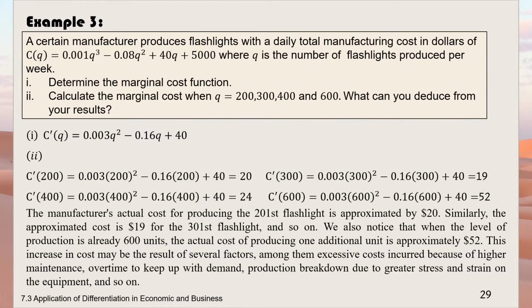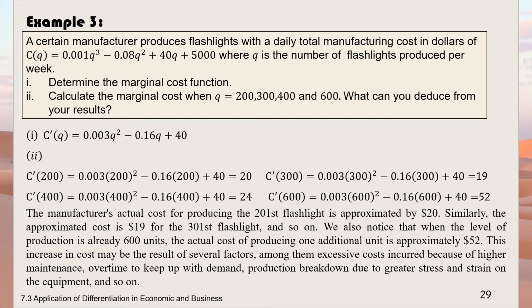Now we look at the third example. A certain manufacturer produces flashlight with a daily total manufacturing cost in dollar. So we have a CQ, 0.01 QQ, and so on, where Q is the number of flashlights produced per week. And they ask you to determine the marginal cost.